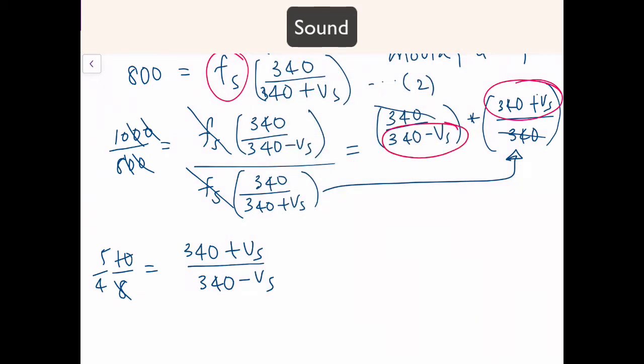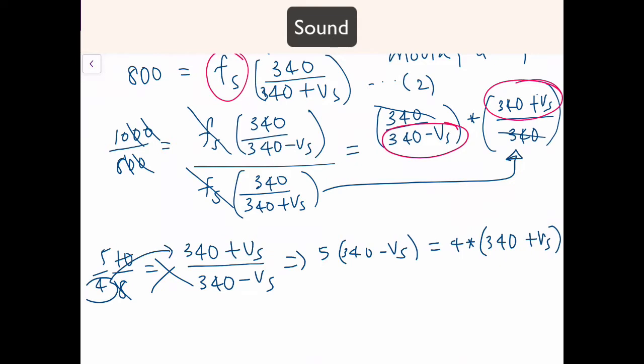Okay, so from here, you can do crisscrossing, and you will have 5 times 340 minus vs equals 4 times 340 plus vs. It's like taking this to this side and taking this to this side.